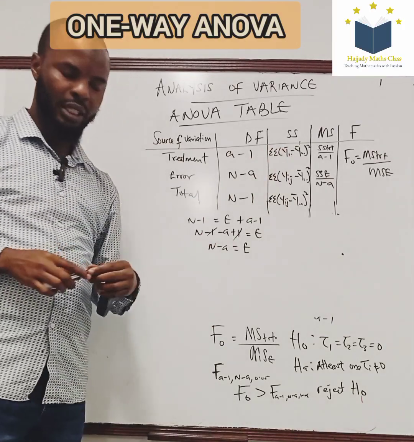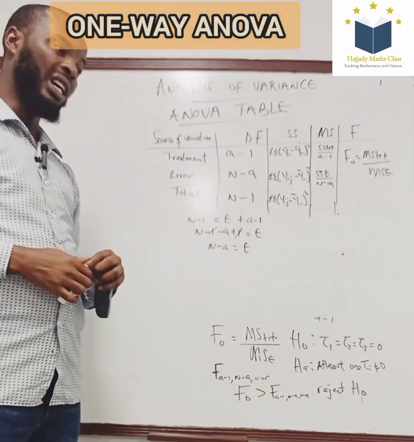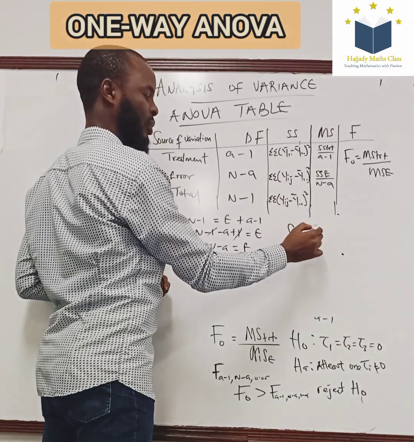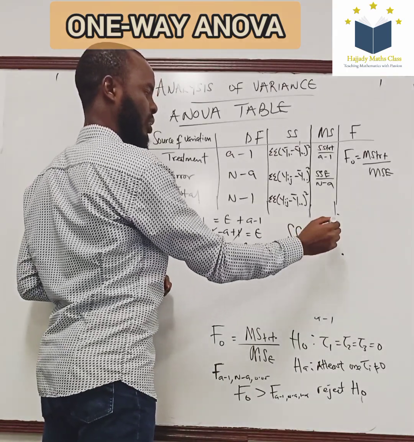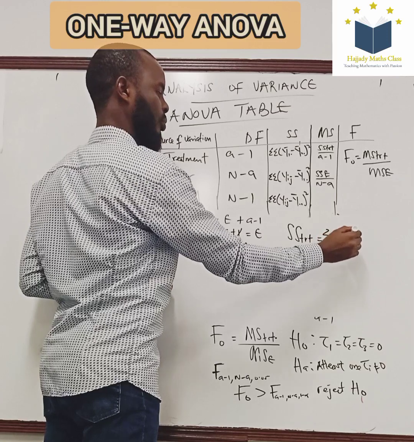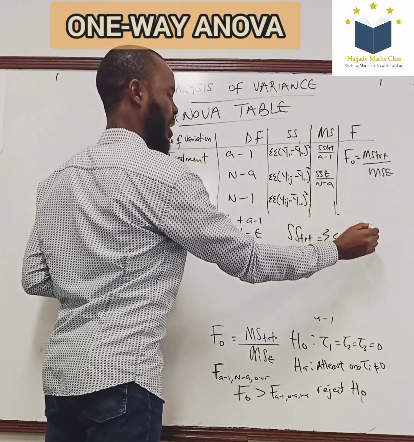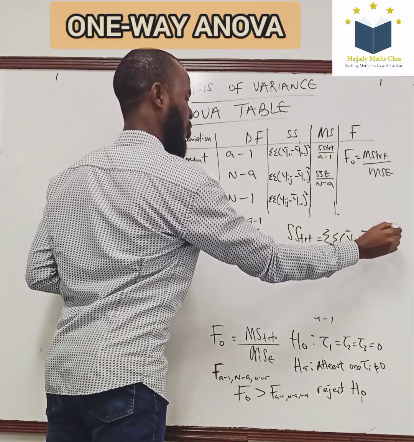Although, for calculating the sum of square treatment, we have an alternate formula. Here I'm saying SS treatment is the same thing as the double sum of yi dot bar minus y dot dot bar, all squared.